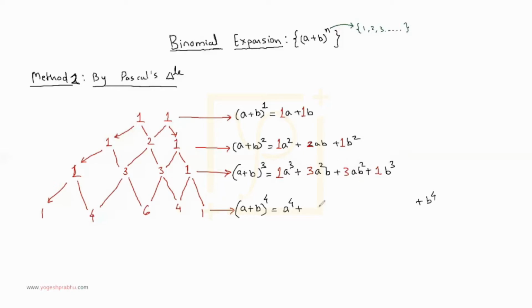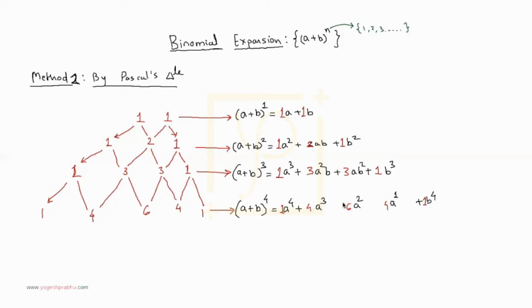So this will be a raised to 4. Then it is going to be a cube. Then it will be a square. Then it will be a raised to 1. And then it is 0. Coefficients I can write from here: 1, 4, 6, 4, 1. So where are the coefficients? The coefficients are 1, 4, 6, 4, 1. And then what happens to b?